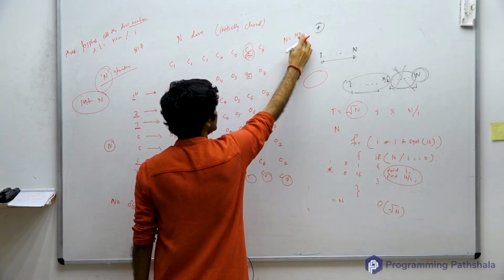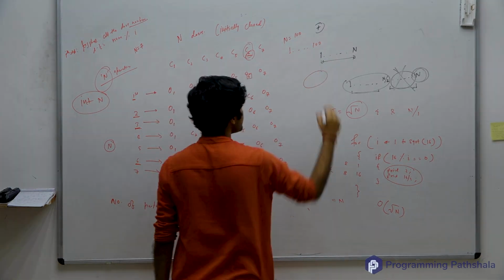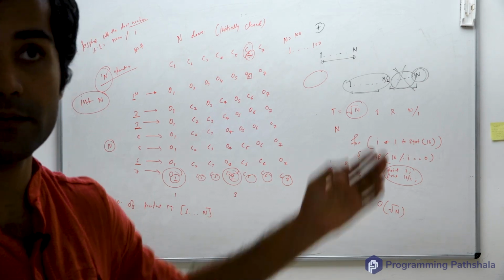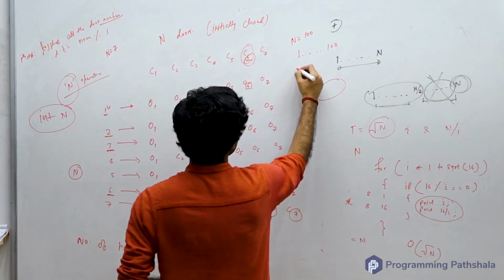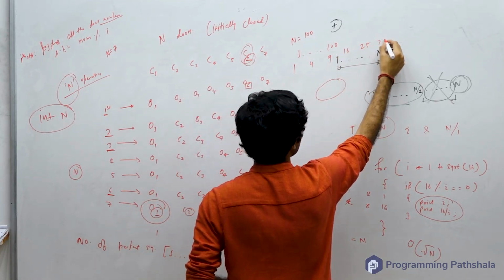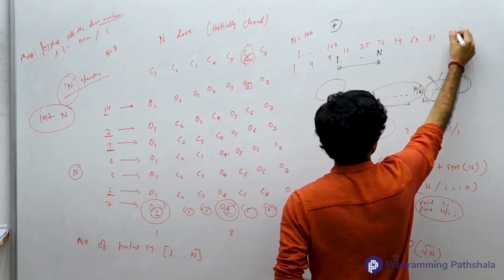How many perfect squares are there in between 1 to 100? There are just 10, and those are 1, 4, 9, 16, 25, 36, 49, 64, 81, 100, right?